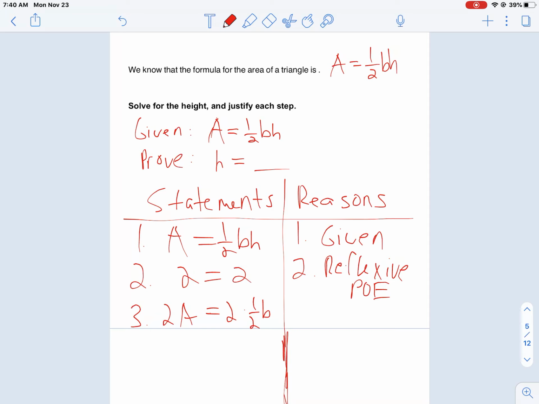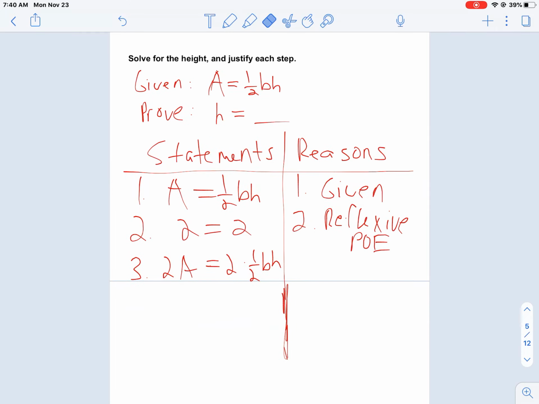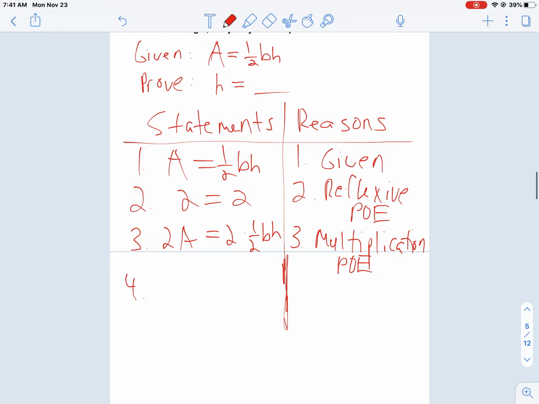Multiply 2 on both sides. That's multiplication POE. Then we have substitution, clean it up.